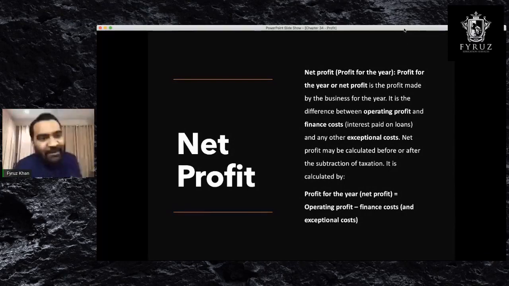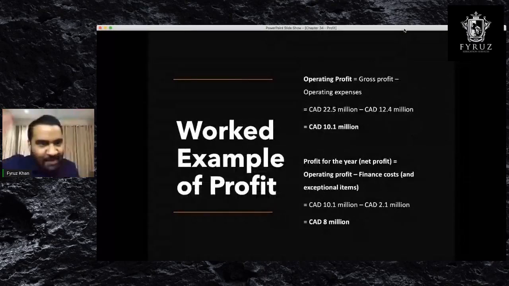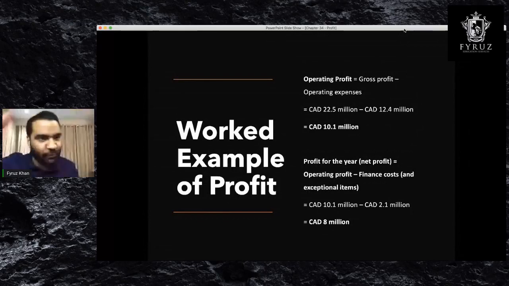So net profit also subtracts those. Your operating profit was 10.1 million. So you take 10.1 million minus finance cost, net.